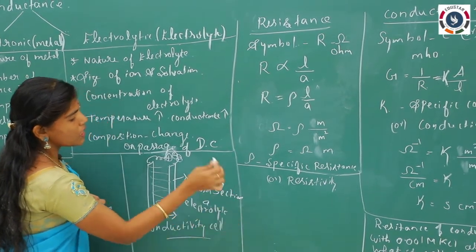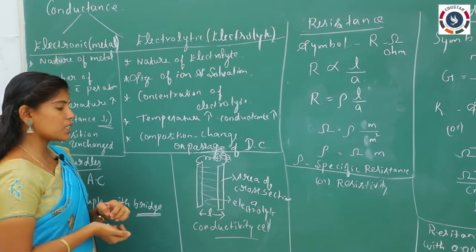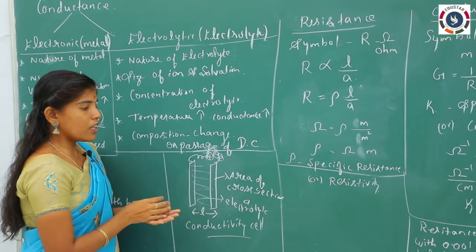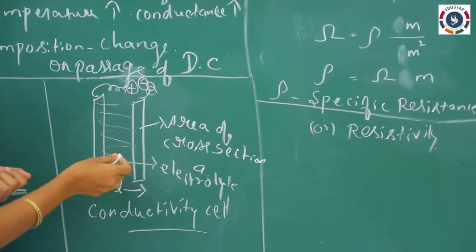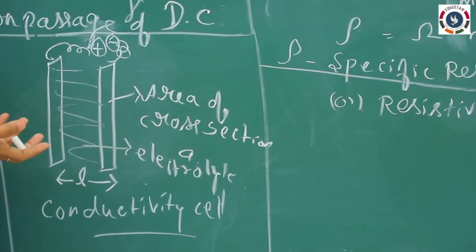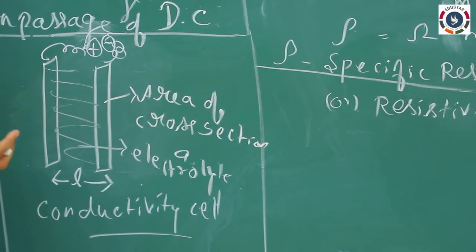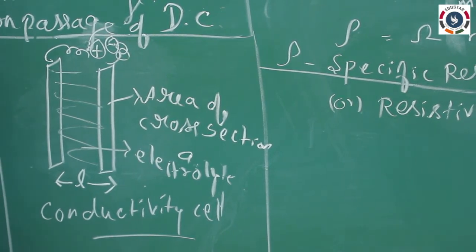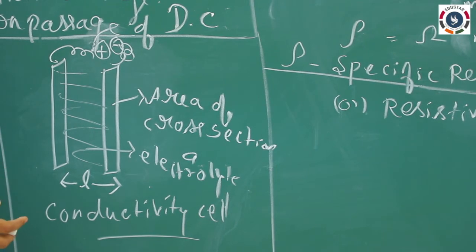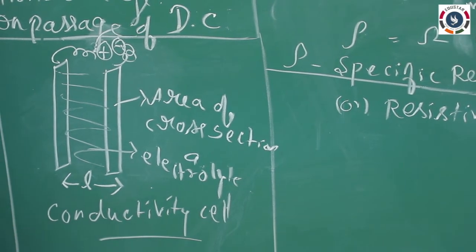On supplying electricity, what happens? The electrolyte will start conducting, so the movement of ions will happen inside the electrolyte. The ease of movement of ions to produce electricity is known as the ionic conductance or the electrolytic conductance.